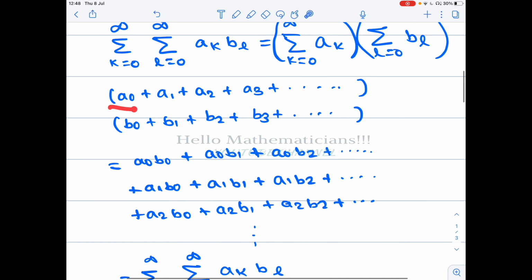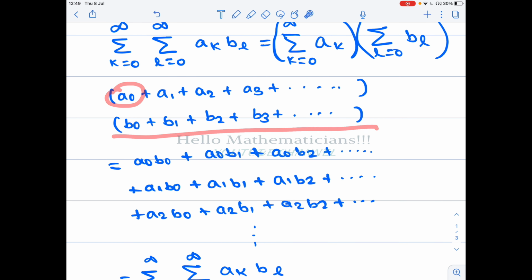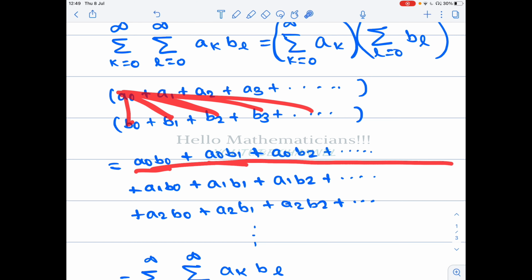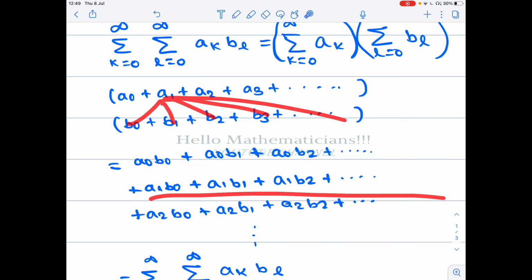So you have this infinite summation multiplied with this series. The first term times this series will give us a0 b0, a0 b1, a0 b2, a0 b3 and so on. Then a1 times b0, a1 b1, a1 b2, a1 b3, and so on, will give a second summation.